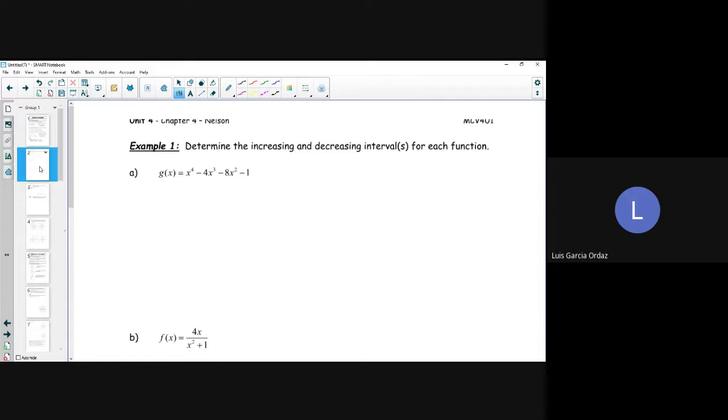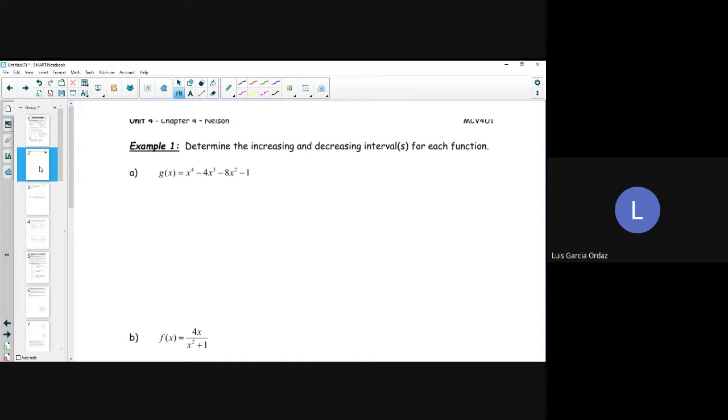What information do we get when graphing just a regular polynomial function the way it is? We get our x-intercepts, okay? We don't care about the x-intercepts. We want to figure out where my graph is going to be changing directions.